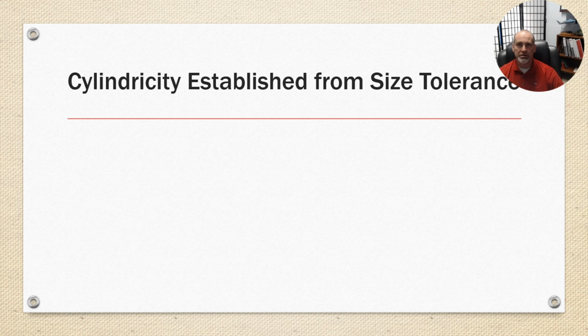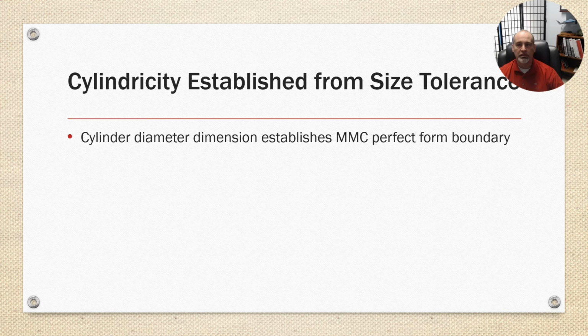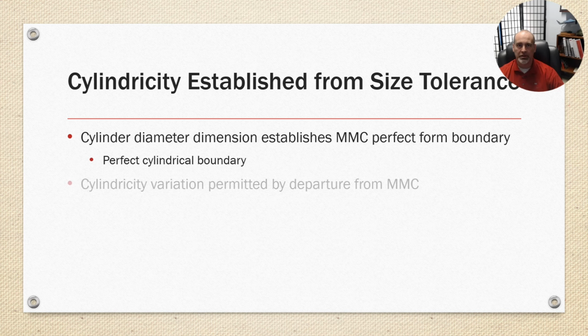Cylindricity established from size tolerances. The cylinder diameter dimension establishes the MMC perfect form boundary, a perfect cylindrical boundary, and cylindricity variation is permitted by departure from maximum material condition.